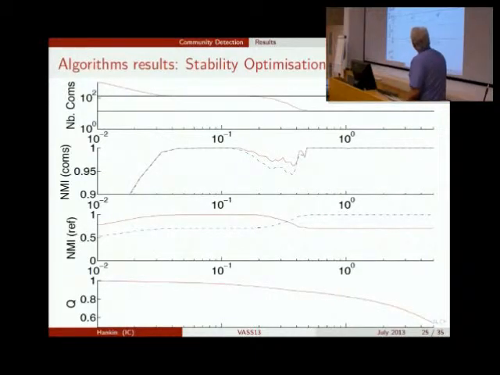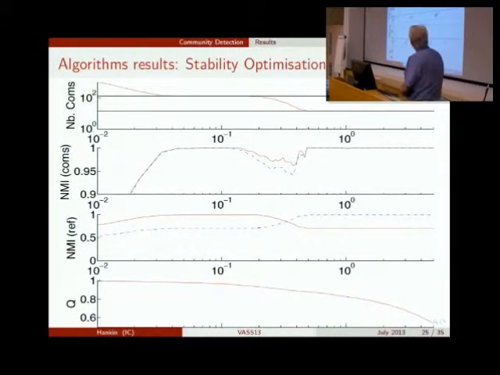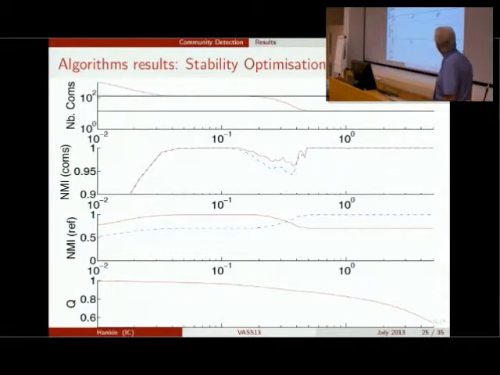This is just one example, using the largest data set, with about 10,000 nodes and 100,000 edges. These are the results for stability optimization. For this particular run, there were just over 100 communities at small scale, and along the bottom is Markov time. Eventually we stabilize on a set of communities of around 50.